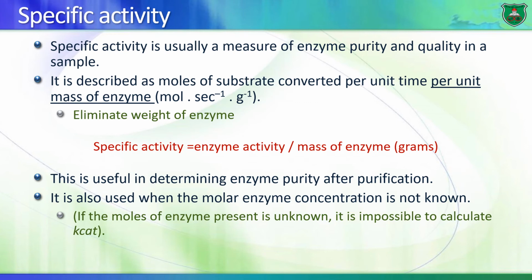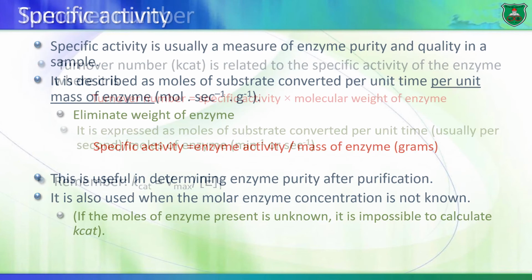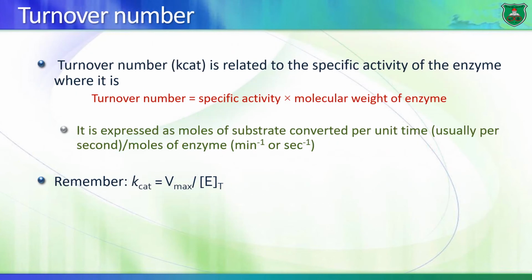Now remember, in order to calculate Kcat, not only do you need to know what Vmax is, but you also need to know what the concentration of the enzyme is, in moles or in molarity of the enzyme. Now, then you get to turnover number, which is basically specific activity of the enzyme times the molecular weight of the enzyme.